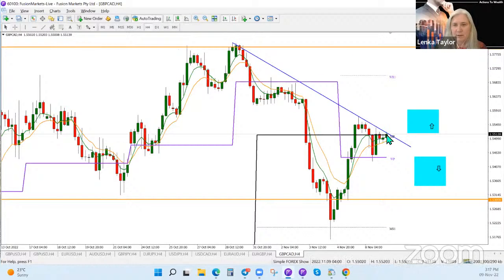So if the price goes above here, maybe with some follow through in that same direction, then pulls back, then looking for long opportunities. If it does decide to tank and come below the weekly pivot, then I would look for a retest of that level and look for short after that.